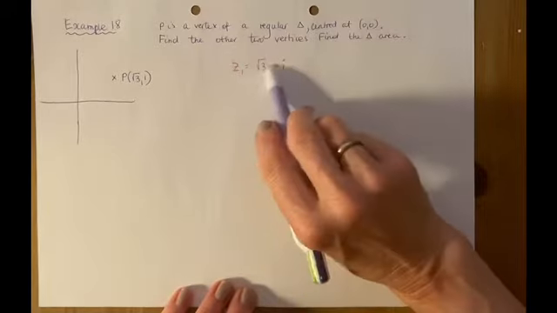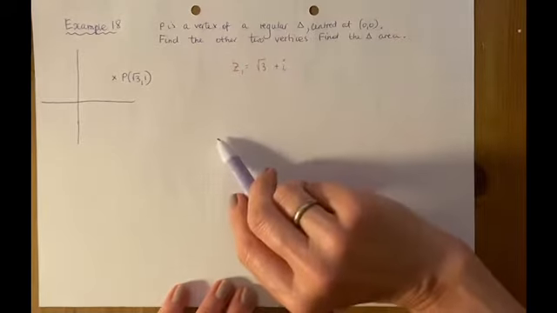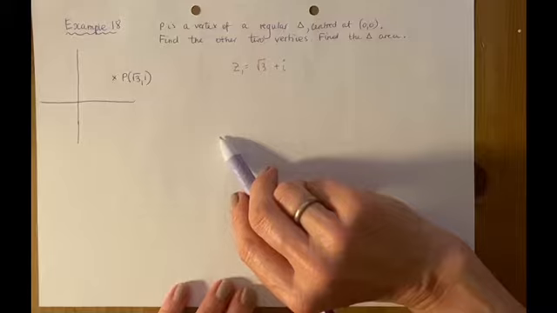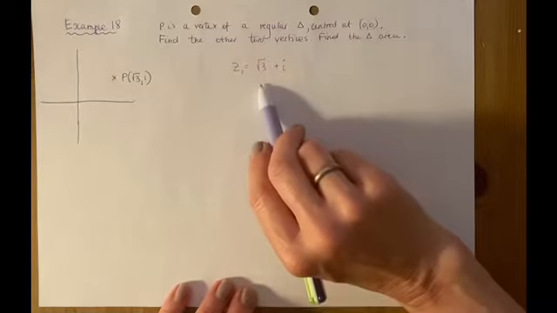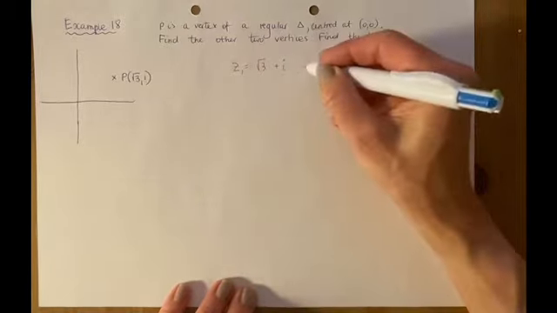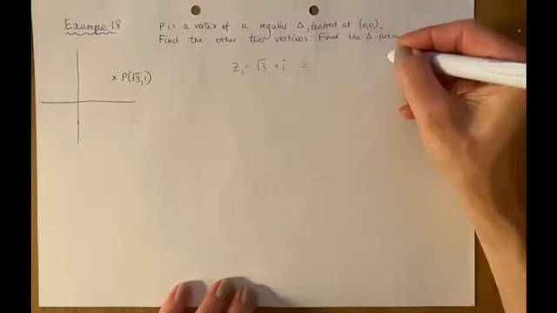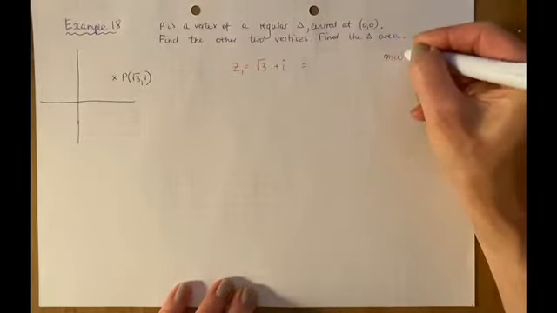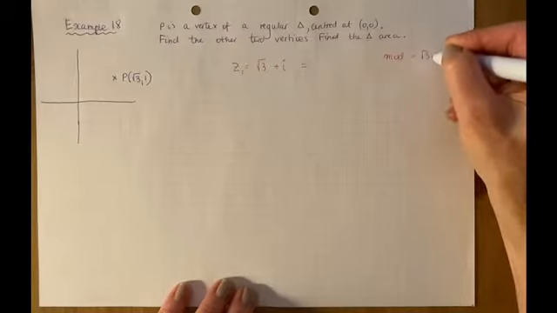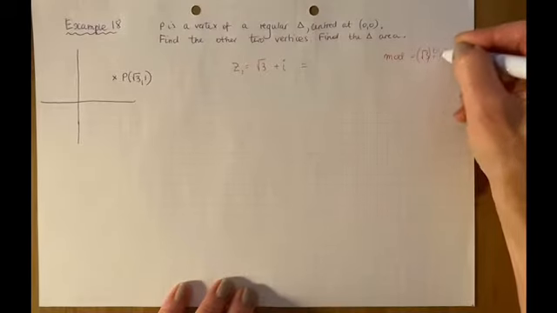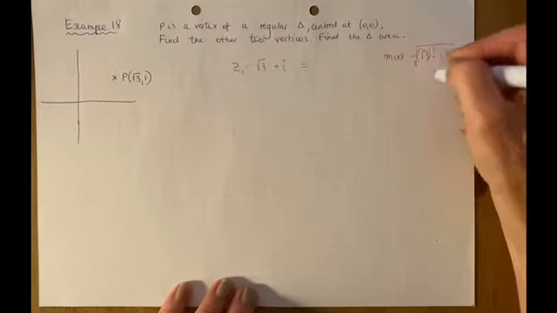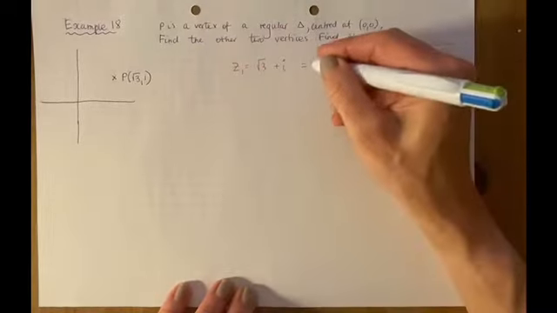If you were, we would just need to cube it and find what number was cube rooted to give you this one. Okay, so let's find the argument and the modulus. The modulus is going to be root 3 squared, add 1 squared, square rooted, so that gives me 2.